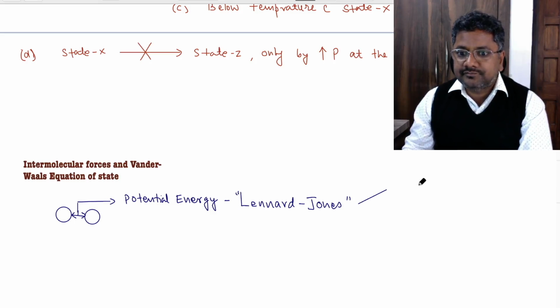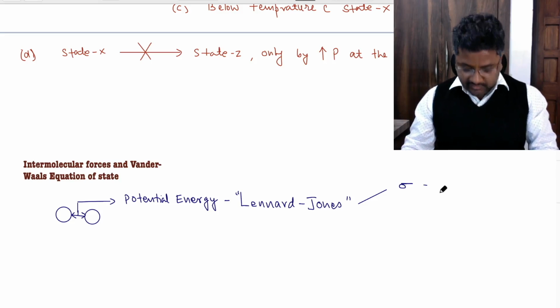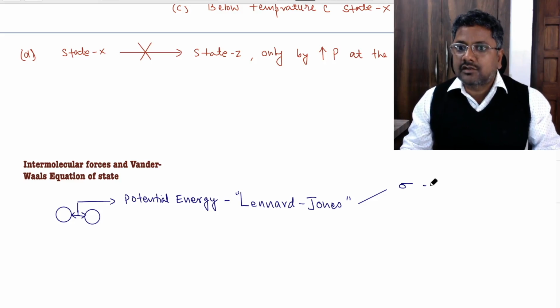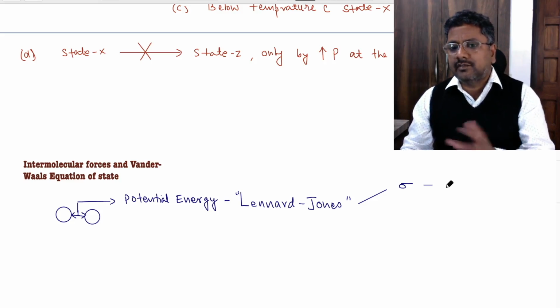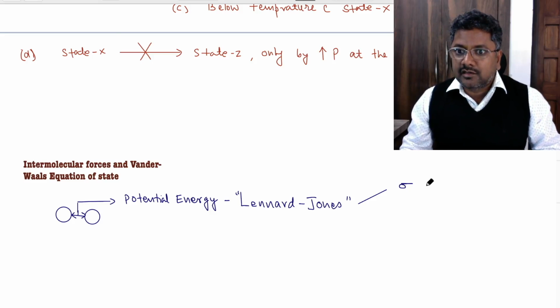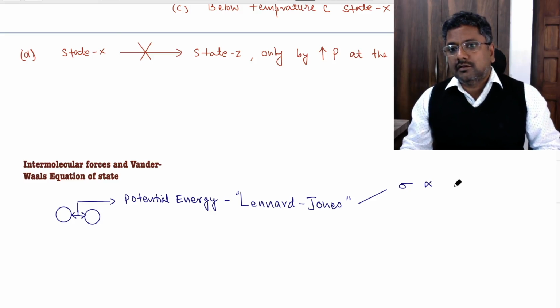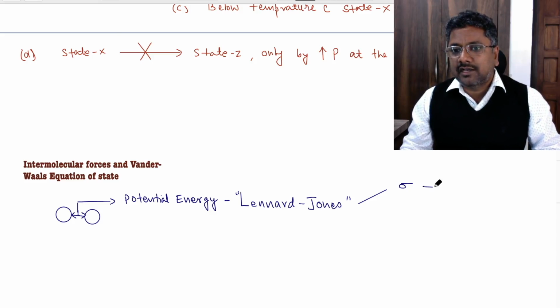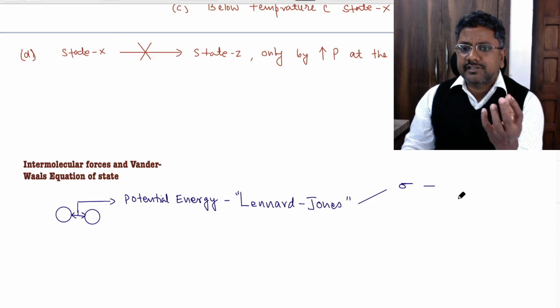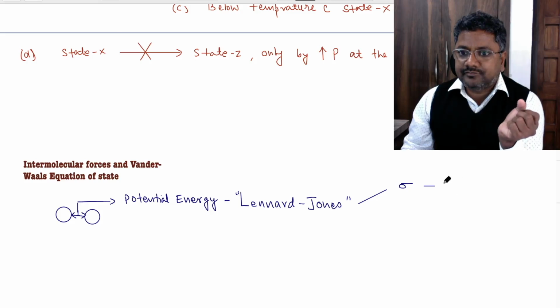One is sigma. This is called the molecular diameter or molecular cross-section area, or you can say it is directly proportional to or related to the molecular diameter. It means it is related to the size, basically.